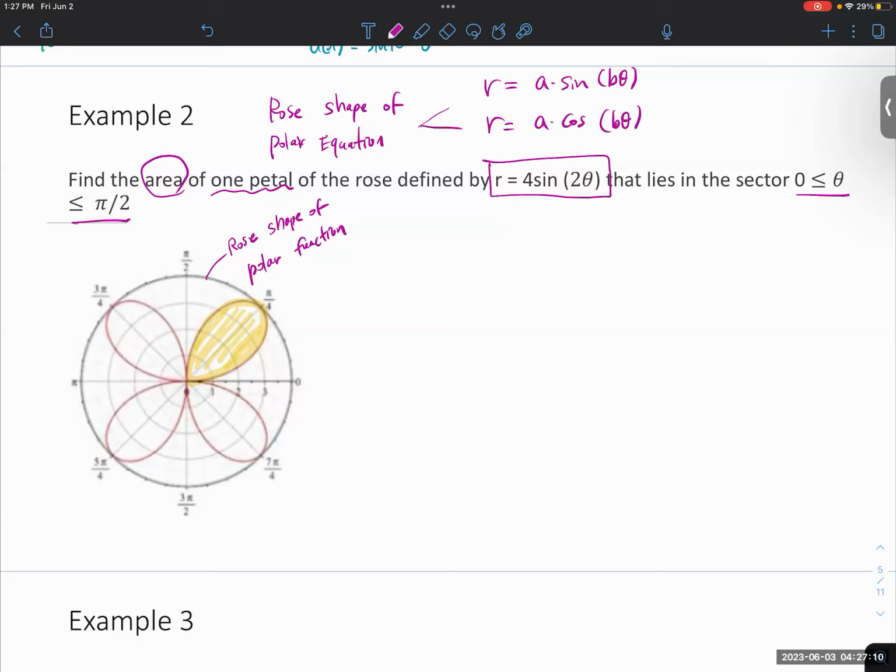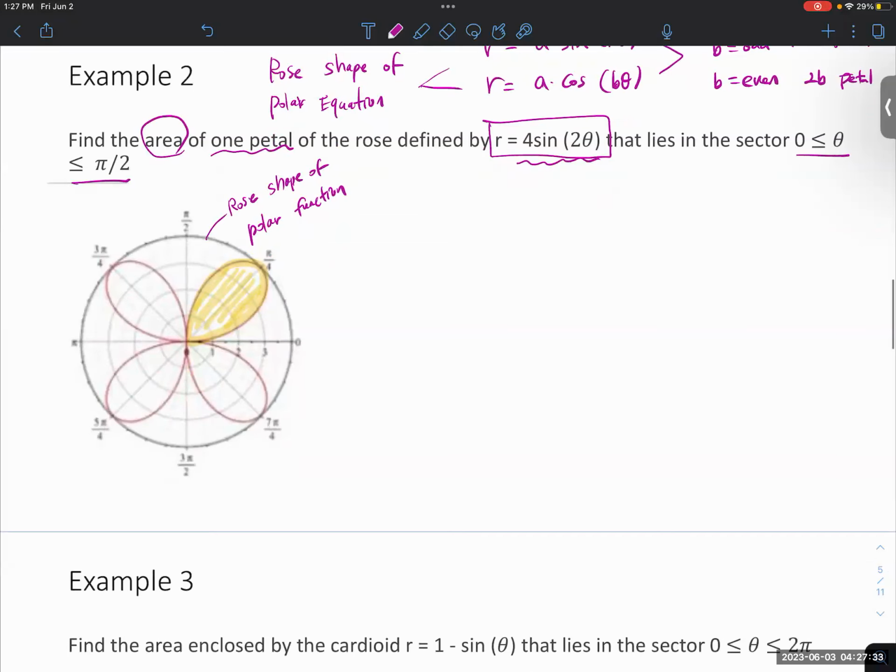If b is an odd number, you have b petals, the same number. If b is an even number, you have a double number of petals. So anyway, exactly, we have the rose shape of the polar equation. We are looking for that yellow area. Am I correct? So let's take a look at the formula.